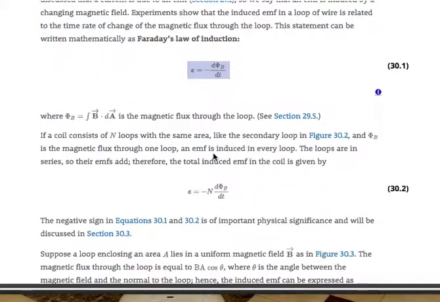So again, this negative d flux dt, the induced voltage, the induced EMF, is going to be trying to keep the magnetic flux constant. It's not related just to the value of the magnetic flux, but to the change of magnetic flux.